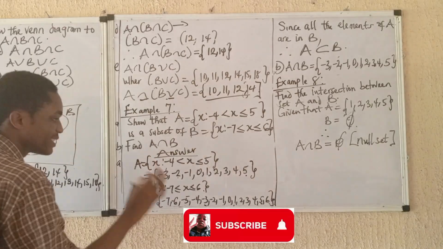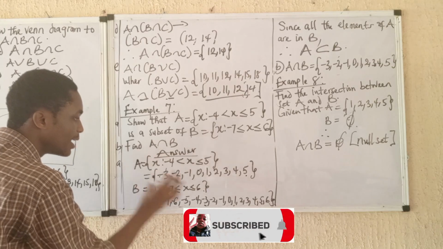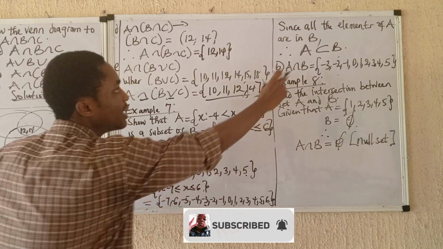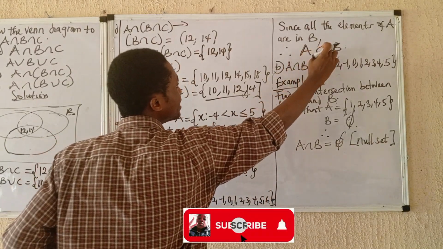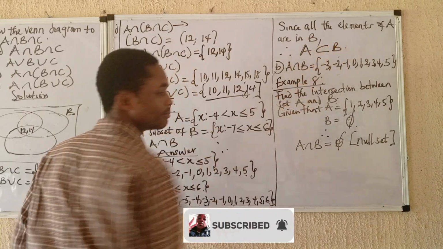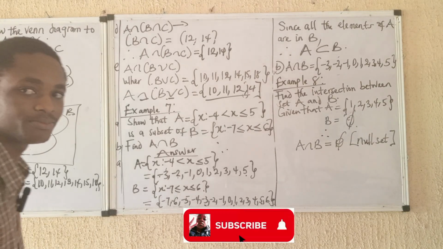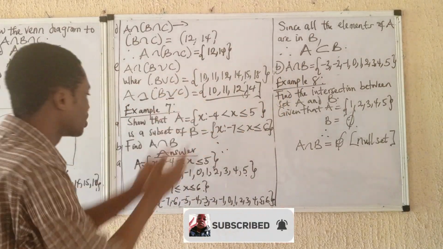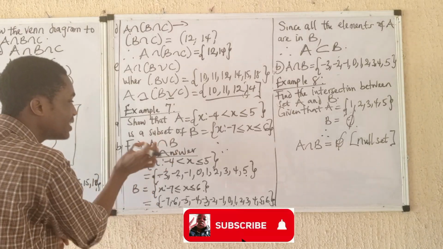So set A is inside of set B. Set A is contained in set B. That signifies that A is a subset of B. A is inside of B. A is contained in B. Yeah, that's the answer.